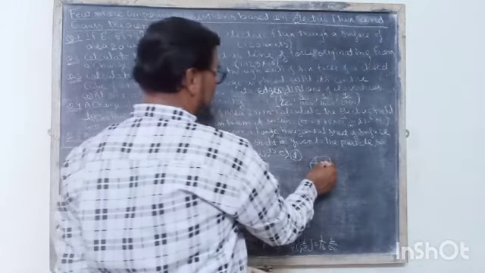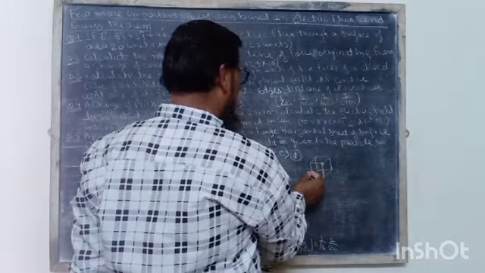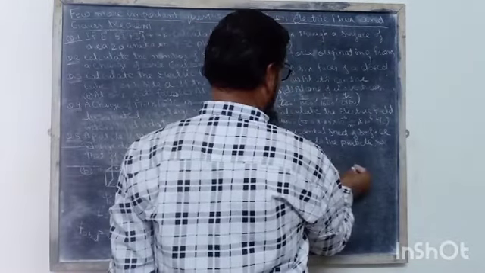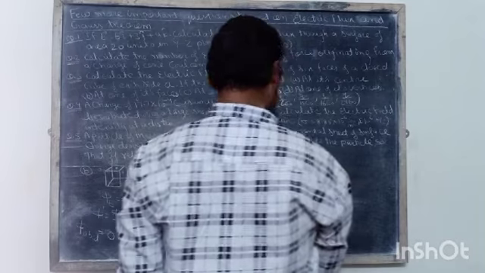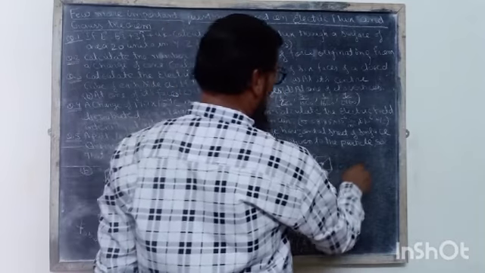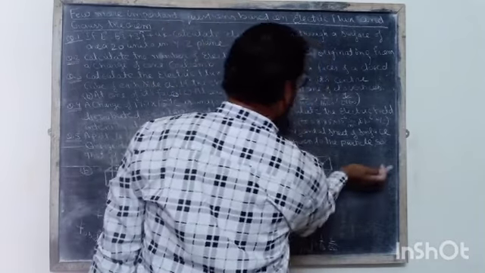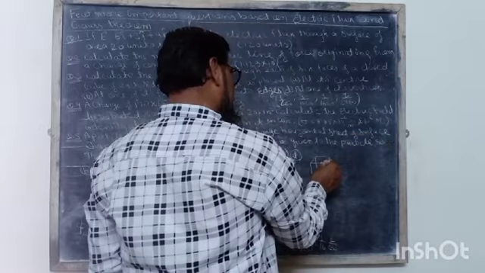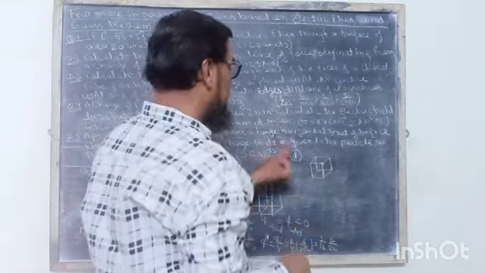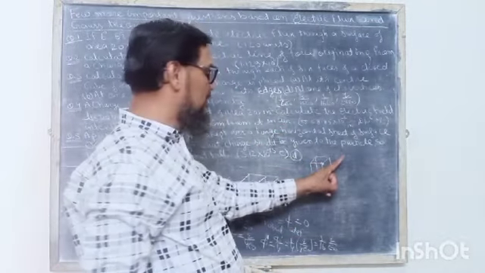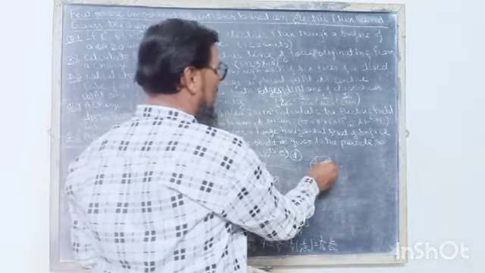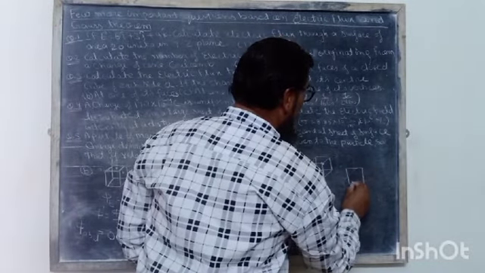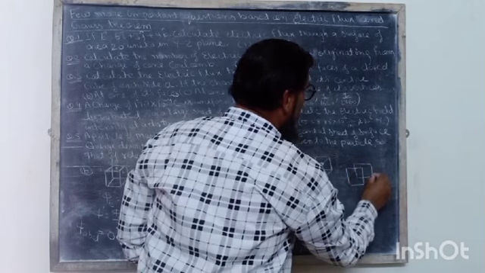In order to cover the charge at the vertex, we have to imagine 4 cubes at the lower part and 4 cubes at the upper part. So there are 8 cubes required to enclose this charge at the vertex completely, and this will be done in this way.